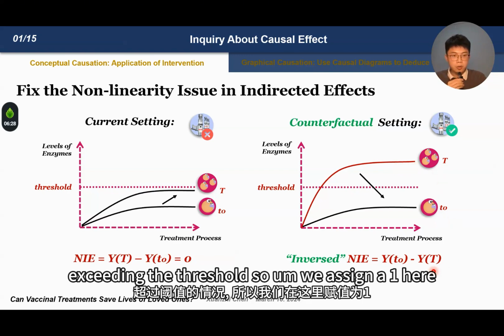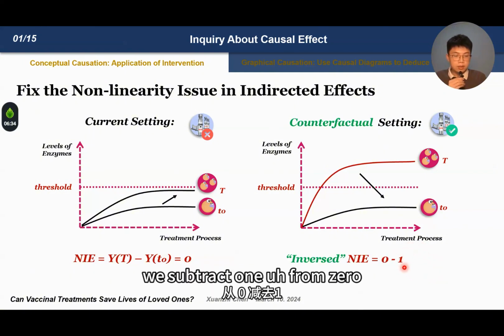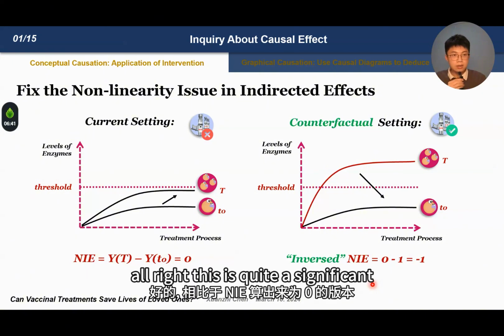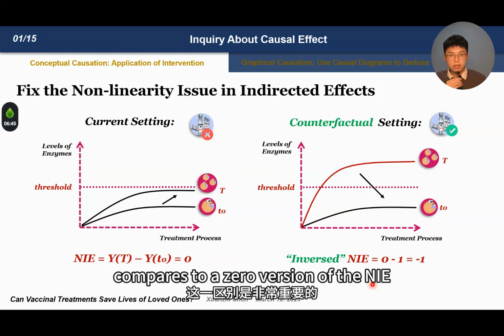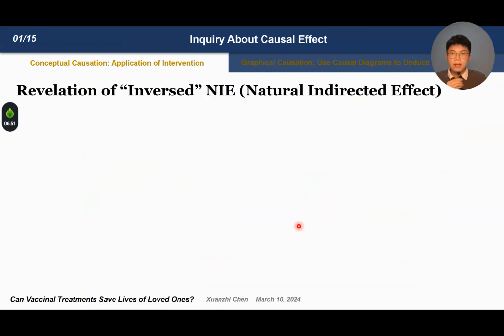So we assign a 1 here. Okay, so we subtract 1 from 0, we will get -1. All right, this is quite significant compared to a 0 version of the NIE. Okay, let's get closer.